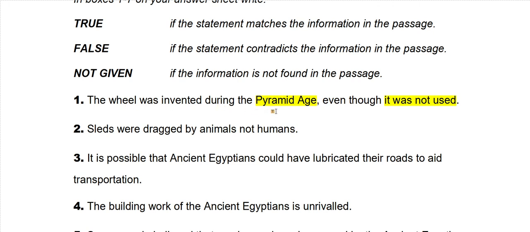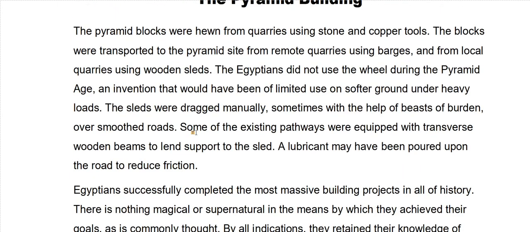If the wheel was invented during the pyramid age and it was not used, we will say it's true. But if the wheel was not invented during the pyramid age, if it was invented before the pyramid age or, obviously, after the pyramid age, we will say false. But if we don't have any information about when the wheel was invented, during or before the pyramid age, we will say not given. Okay, let's see in the paragraph.